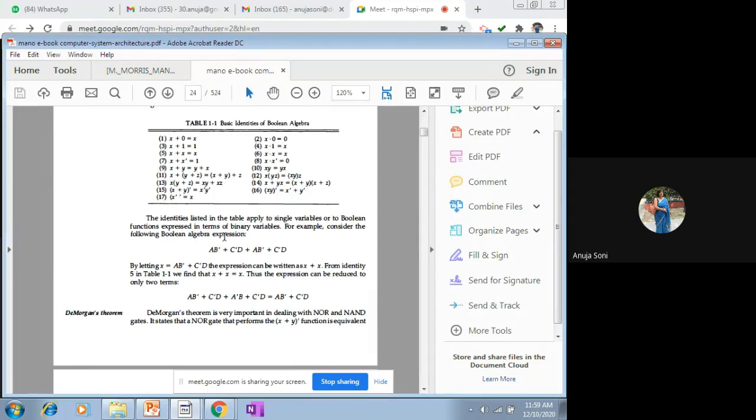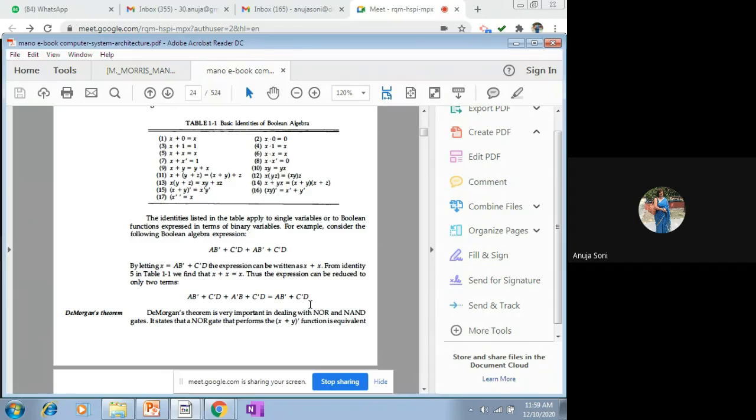So x plus x is here, where x is a b dash plus c dash d. Because this a b dash plus c dash d is coming twice in this expression, it will be equivalent to a b dash plus c dash d.